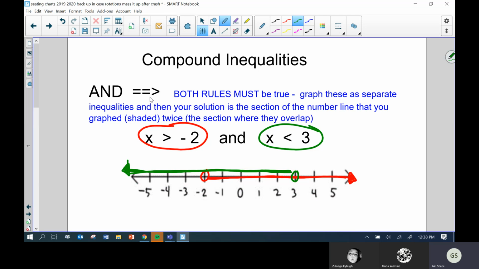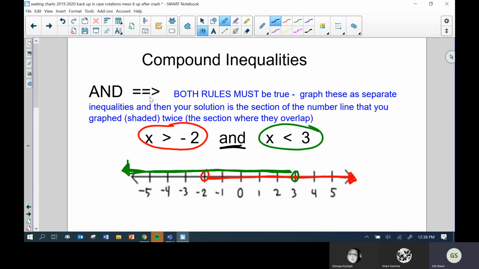For an AND statement, and this is only for AND, our solution set, our final answer, because right now we've just done the first step, is the section of the number line where the two graphs we created overlap. Overlap means we have both of them there.